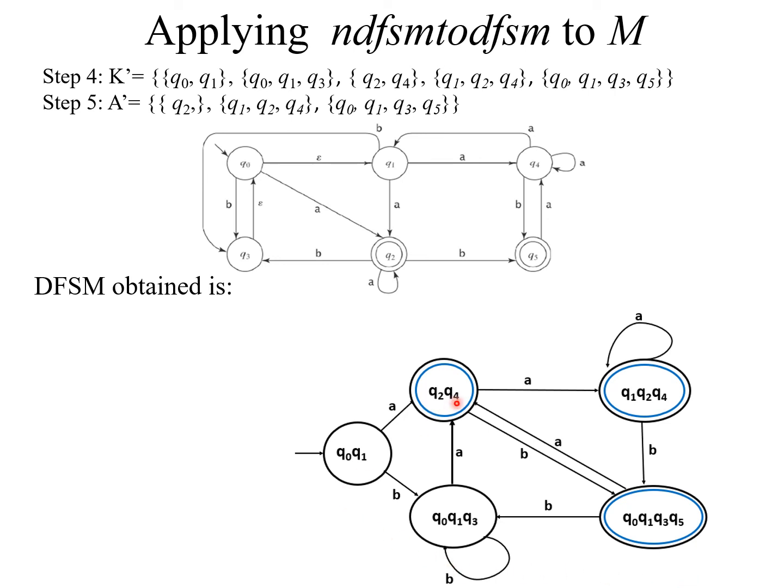Hence here q2, q4, q1, q2, q4, and q0, q1, q3, q5 are the 3 accepting states, whereas the other 2 states will be rejecting states. So this is how, by using the NDFSM to DFSM algorithm, we can convert a given NDFSM to DFSM. Thank you.